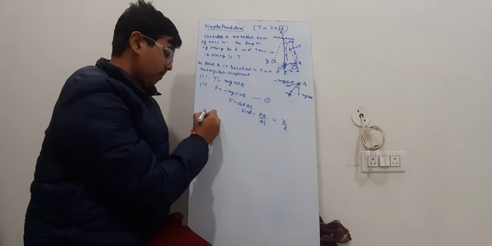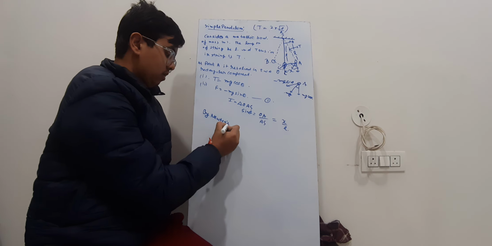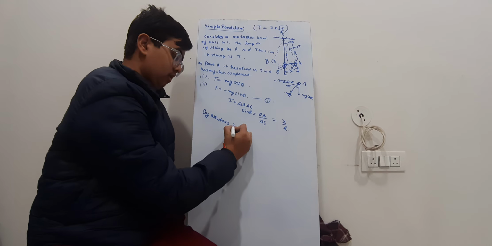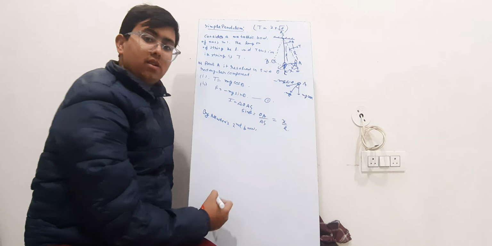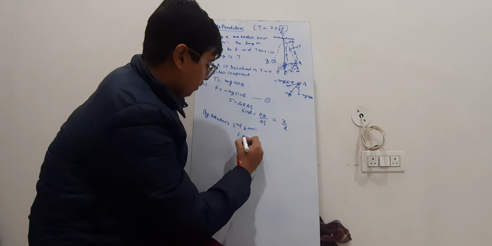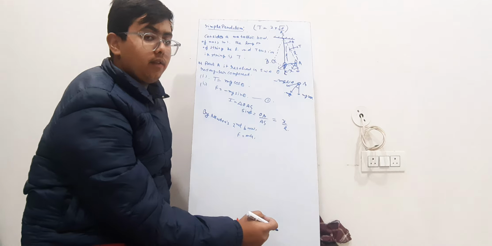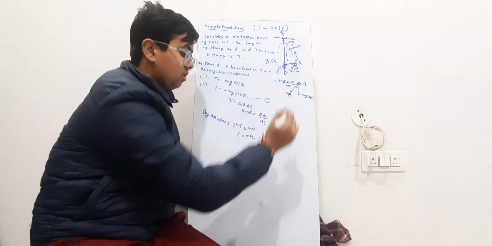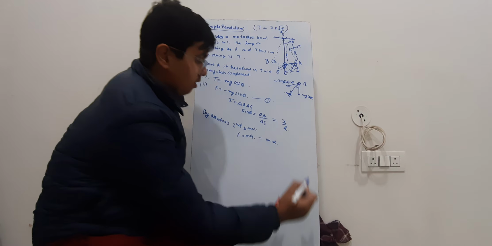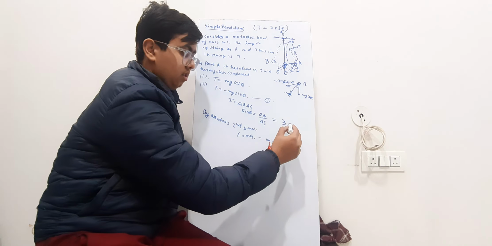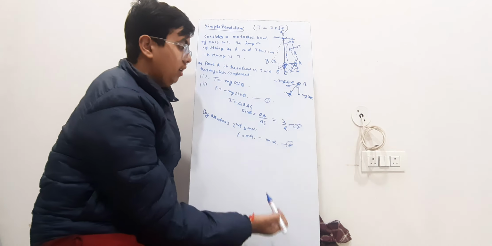Now by Newton's second law, F is equal to ma. Here the acceleration is alpha in this simple pendulum case, so F is equal to m alpha. Now put equations 2 and 3 in equation number 1.